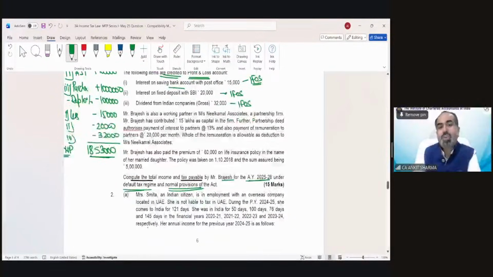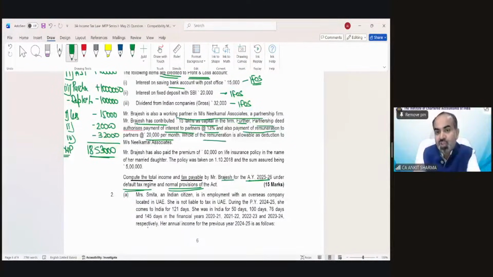Now, Mr. Brijesh is also a working partner in M/s Neel Kamal Associates, a partnership firm. Mr. Brijesh has contributed 15 lakh as capital in the firm. Further, the partnership deed authorized payment of interest to partners at the rate of 13% and also payment of remuneration to partners at the rate of 20,000 per month.